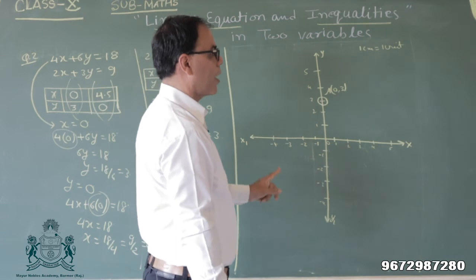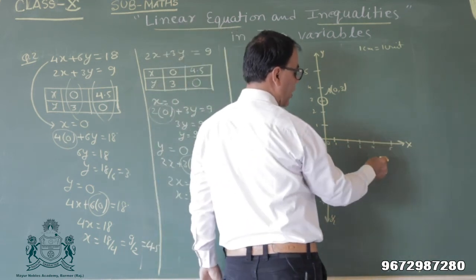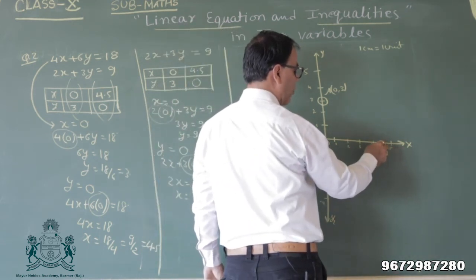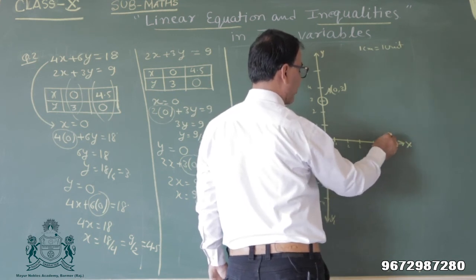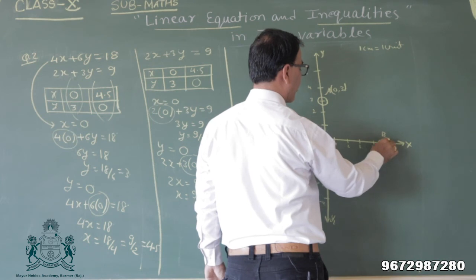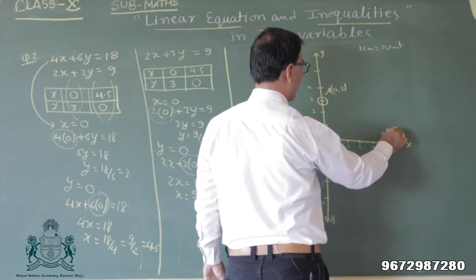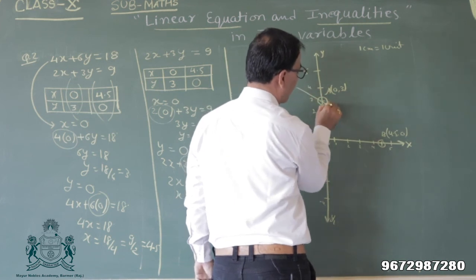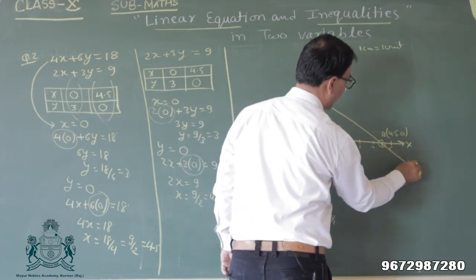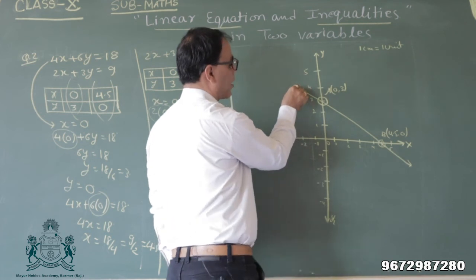X 4.5 means x axis positive direction. Between 4 and 5 meet the value 4.5. B point 4.5 and 0. Join A and B using ruler and line AB.